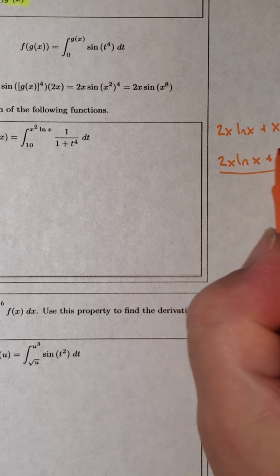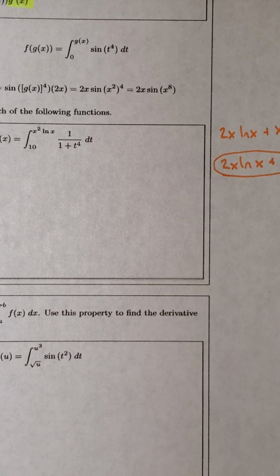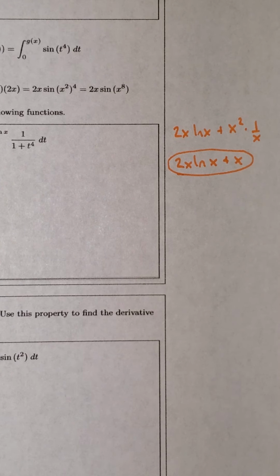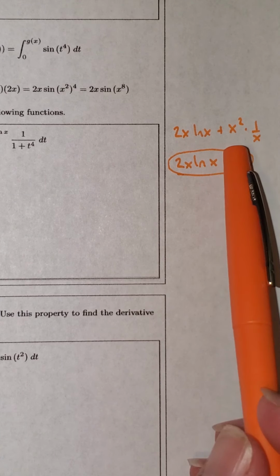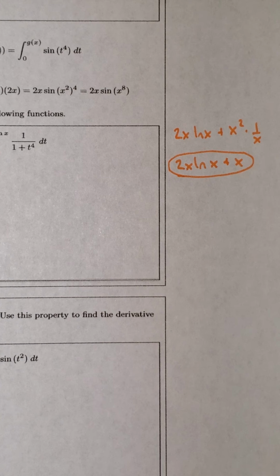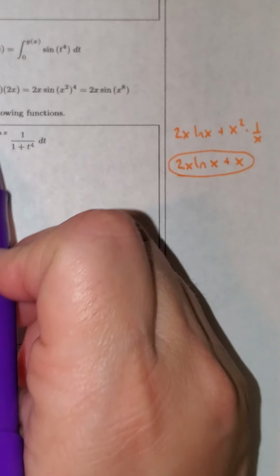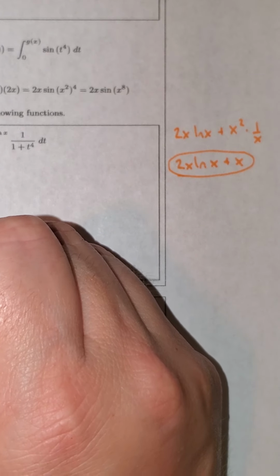Okay, so we have to multiply times that. So we'll keep that in mind. I did product rule because we have x squared and natural log of x. I'm going to plug that whole chunk in for t and then multiply it times the derivative of the x squared natural log of x.